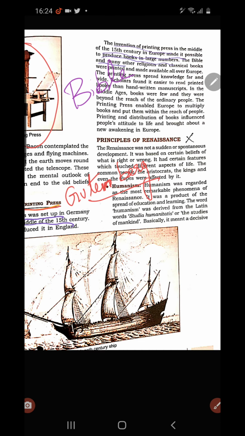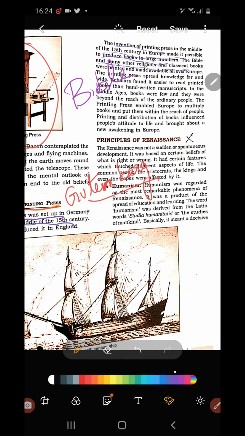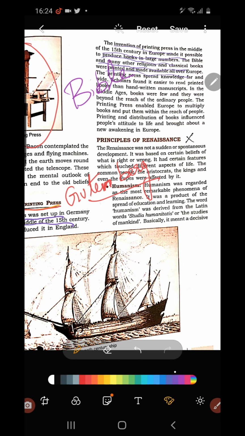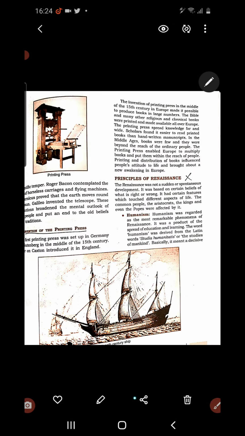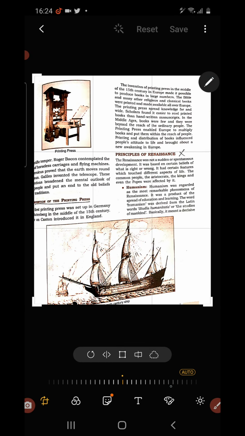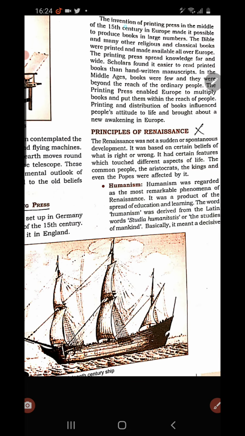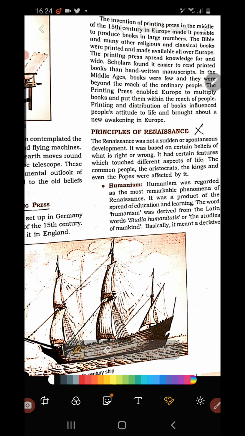The Bible and many other religious and classical books were printed and made available over Europe. So the printing press, we'll underline. All these points are there, you need to study.